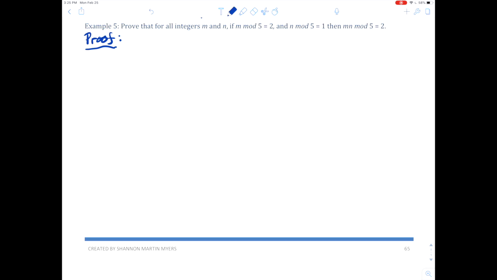You have to lay out all your tools and show that they're from the proper areas. So if we let m and n belong to the integers such that m mod 5 is 2 and n mod 5 is 1, because that's all given.